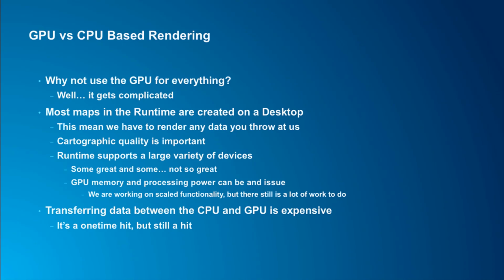Imagine trying to create 1 million features on the GPU, in GPU memory, which is, as I said earlier, smaller. You also have to transfer that data and create it on the GPU. That's a performance hit. Really, runtime has to work with any map that you throw at it. So the CPU can handle anything it gets thrown at, but it's going to cost you some battery life.